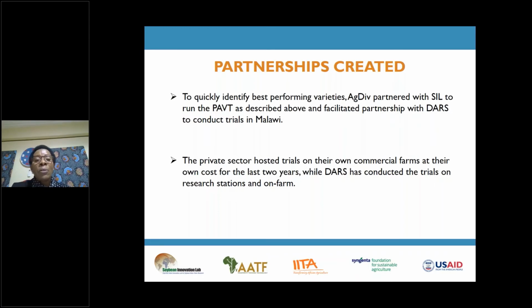For us, we also facilitated partnership for Diers and SIL to partner with the tobacco growers to test these varieties on their farms. These are commercial farms, and they're doing it at their own cost. For the past 2 years, which included summer and winter, they have run these trials as described by the former presenters. Next slide, please.